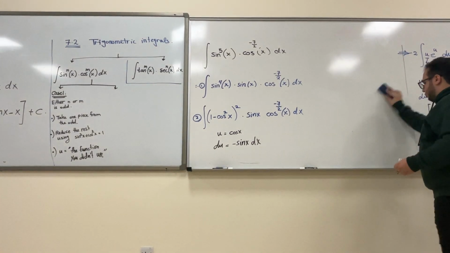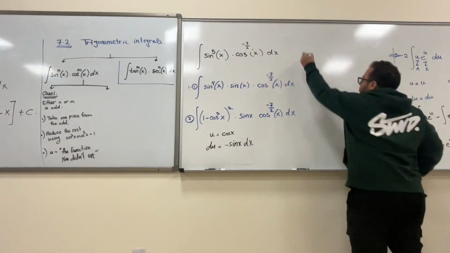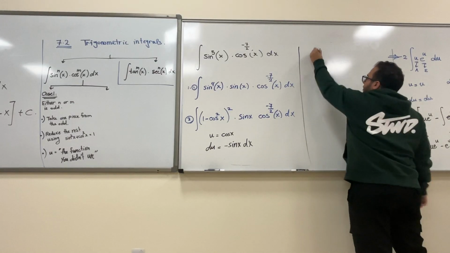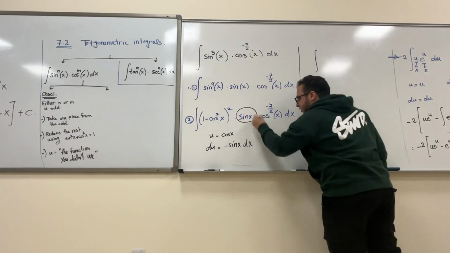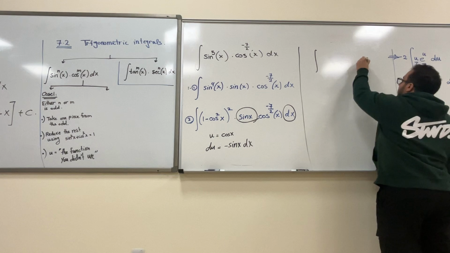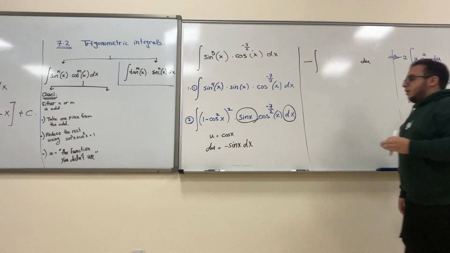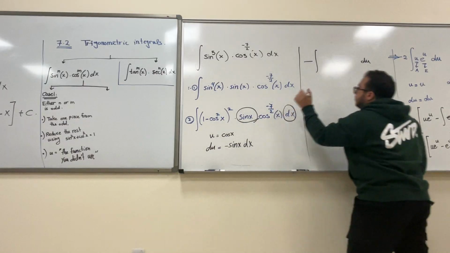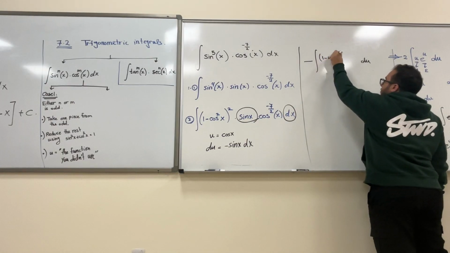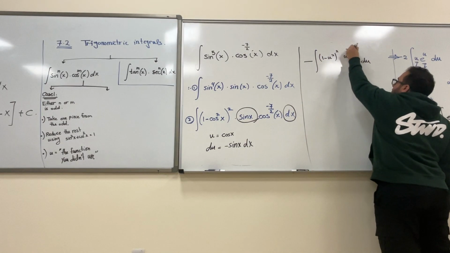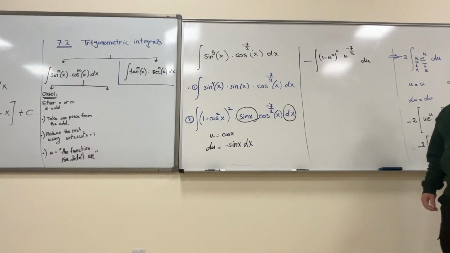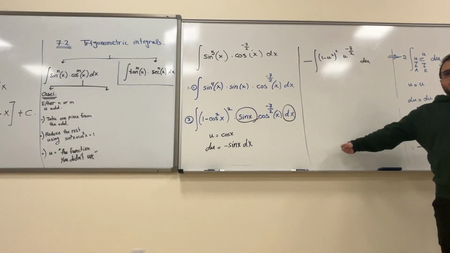After that, it's a substitution problem, so you can just do algebra here. Sine x dx, I replace it with minus du. The minus I'll put outside. This is u, this is u. So 1 minus u squared, all squared, times u negative 7 over 2. After this, it's basically an algebraic expansion.